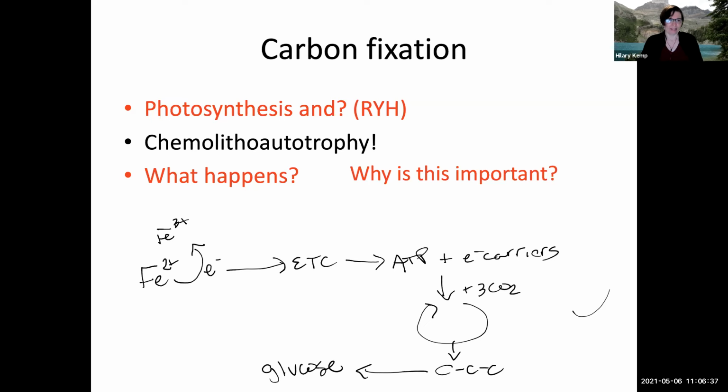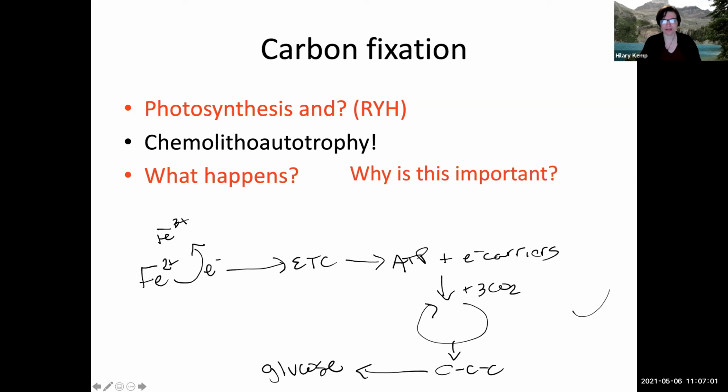Why are chemolithoautotrophs important? Raise your hand. I mean, this is a cool, funky, wackadoodle pathway. Why should we care about it? Or why does anybody, any living thing in the world care about it?